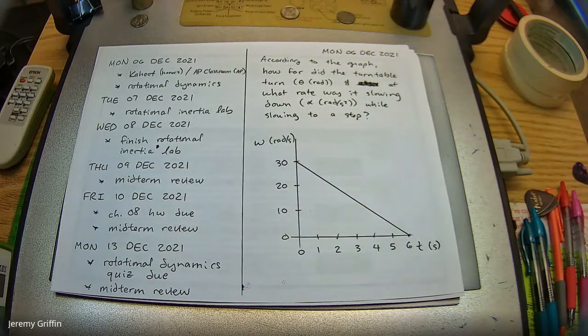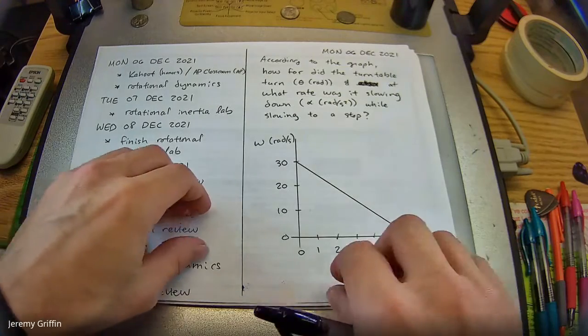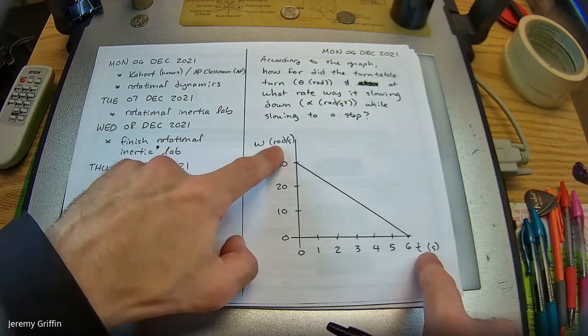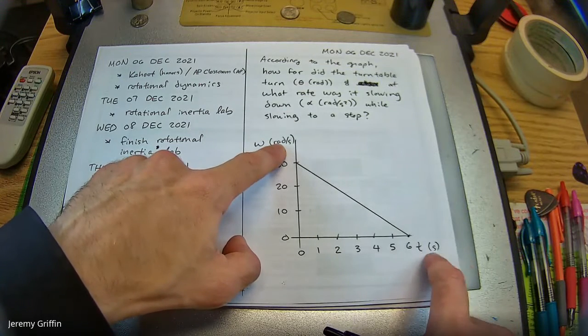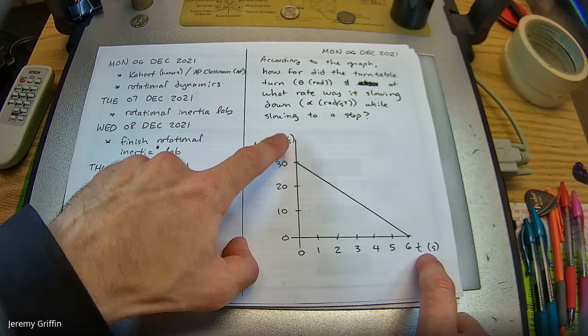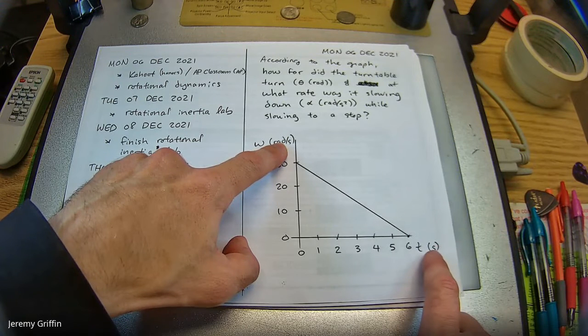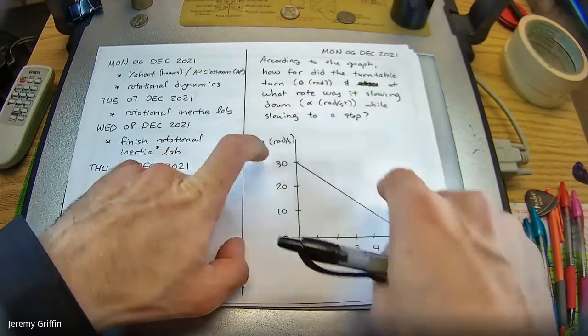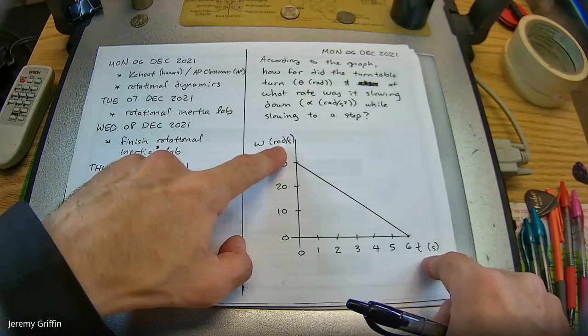Now, if you forgot why, how about a general principle to figure out why? Look at the variables on these axes. I've got radians per second and seconds. What happens when you take radians per second and multiply by seconds? That gives you radians, which is what we're interested in: how far does it turn? That's a huge hint that it might have something to do with area.